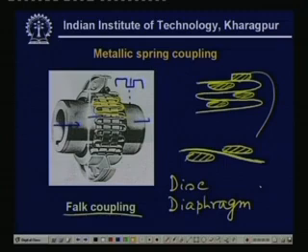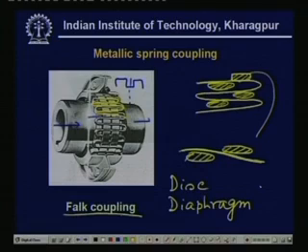Now what we have known now are a few types of flexible coupling. The first kind is the kinematic flexibility, that is flexibility with the kinematic members, and we used the Oldham coupling. We studied the universal joint. Again we studied what is known as the gear or teeth coupling, and also chain drives.